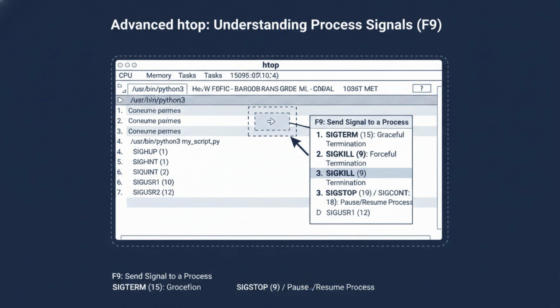SIGKILL (9) is a forceful, immediate termination, often used for unresponsive processes, but it doesn't allow for graceful shutdown. SIGSTOP (19) pauses a process, while SIGCONT (18) resumes it. Understanding and using these signals correctly is vital for maintaining system stability and managing rogue applications.